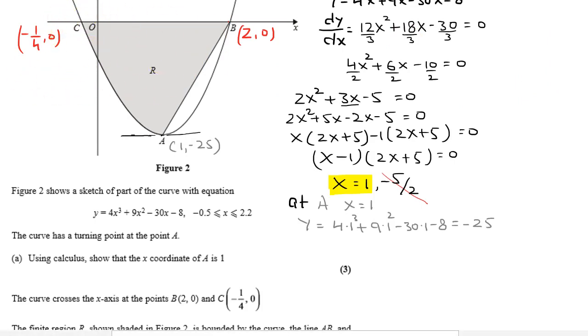Now to find this area, we can find it by integrating 4x cube plus 9x square minus 30x minus 8, from minus 1 over 4 to 2. But we don't have this area. How will we calculate this area?